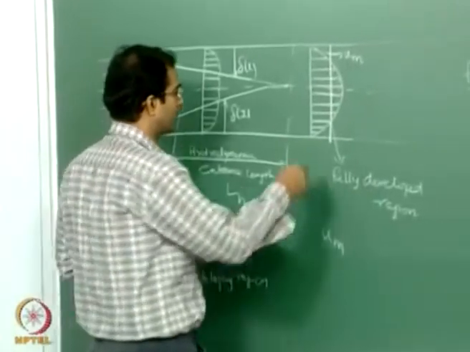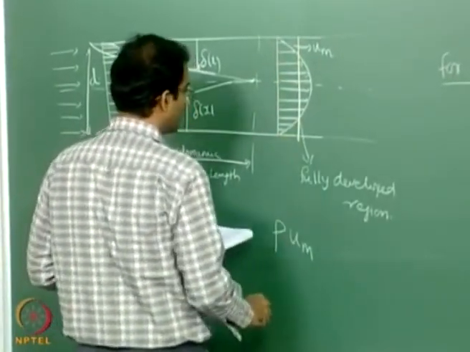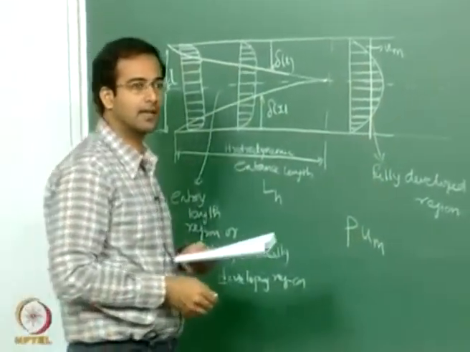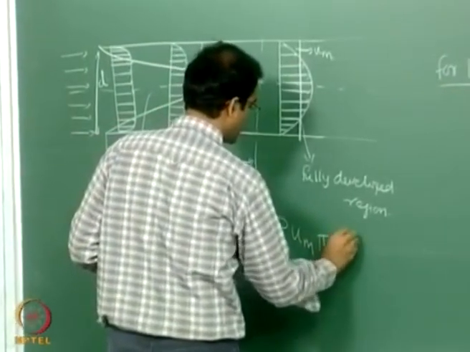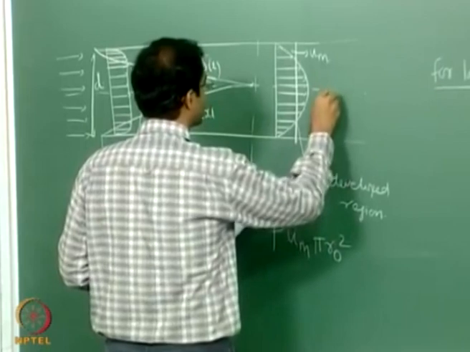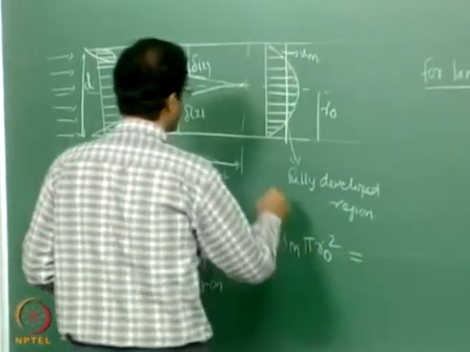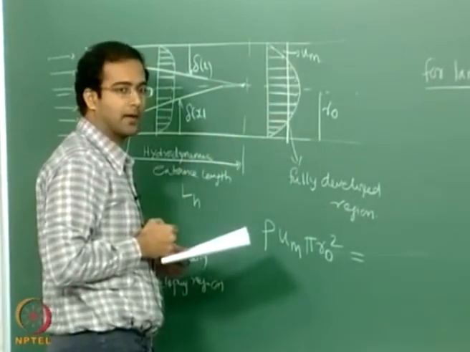Okay, so therefore the mass flow rate defined by this, let us say rho into u_m into the area, for a circular duct, the area is pi r naught square, where r naught is the radius of the duct. So this should be equal to the flow rate obtained with this particular parabolic profile.